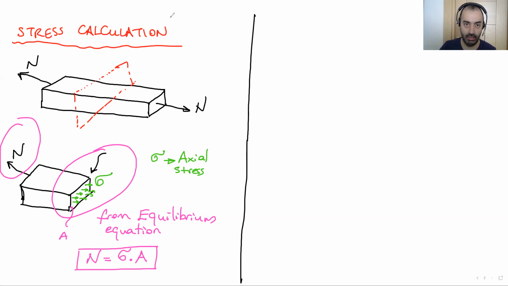But we are going to use the rule which is: planar sections remain planar after deformation.